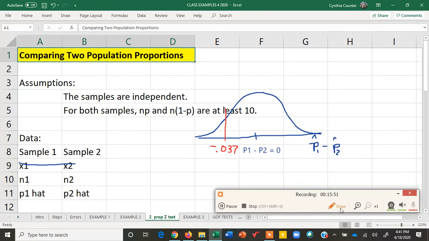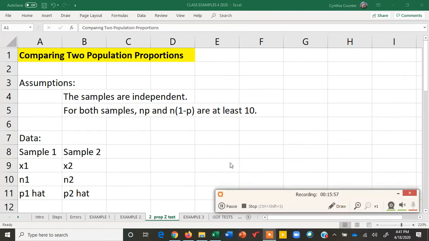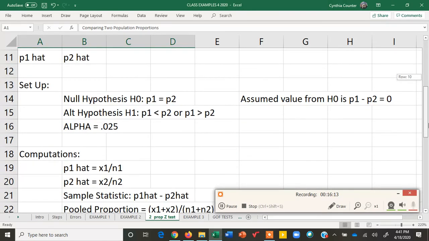Before, we had a standard error that was computed by doing the square root of p times 1 minus p over n. All right, that's what we were doing before. Well, how are we going to work it out with two of them?